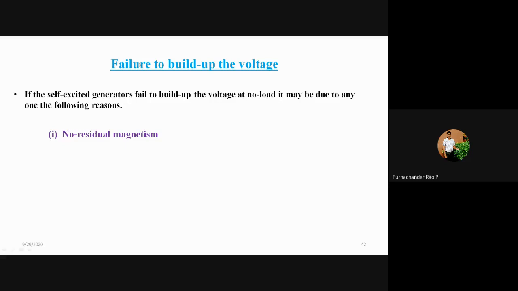So a small amount of field current is allowed to flow through the field winding, and then we connect it back to the shunt or series generator.